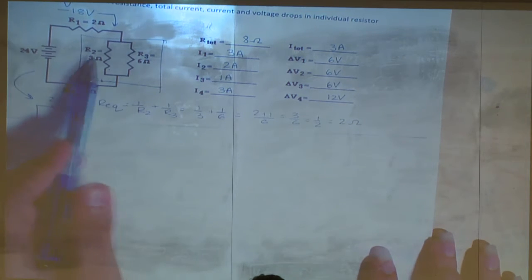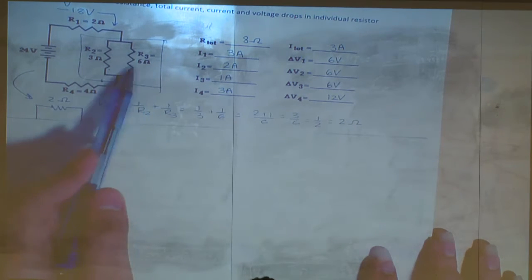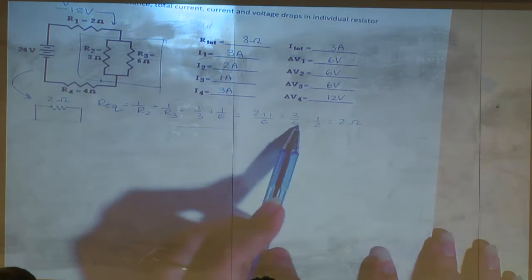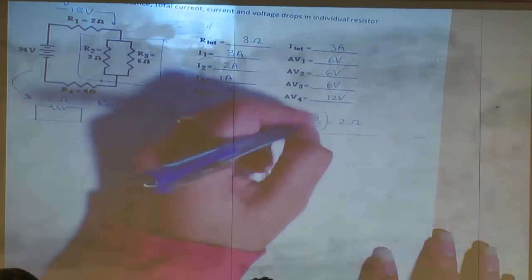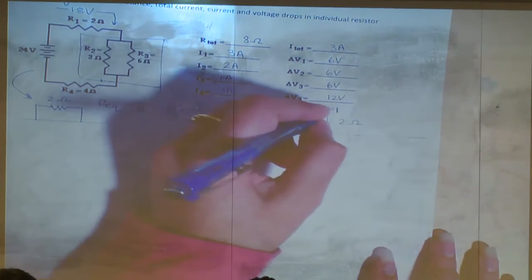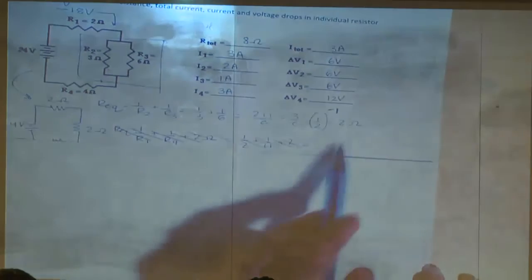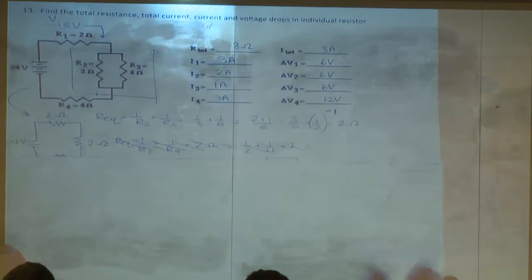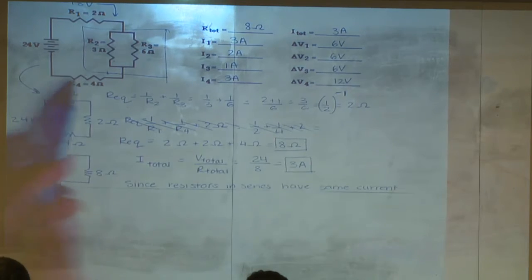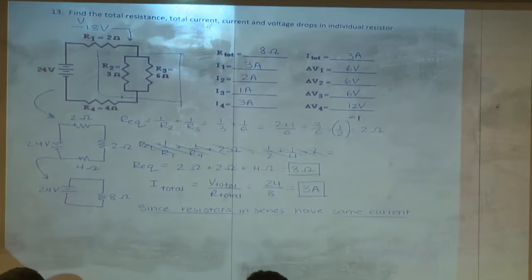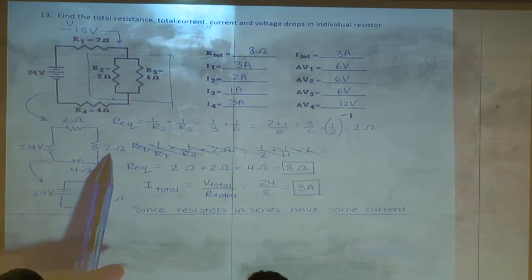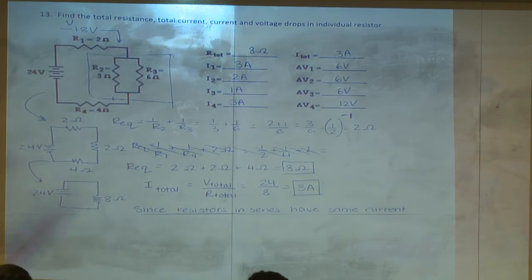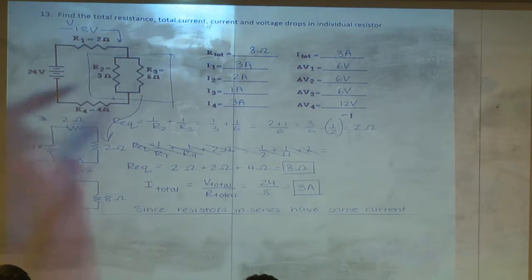Because R2 is 3, R3 is 6, and that will give us 1 over 2, but since this is to the negative 1 power, it's going to be 2 ohms. So that's the first one. If you were to condense this circuit, it would be 2 ohms right here.